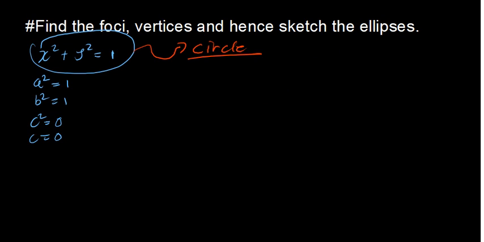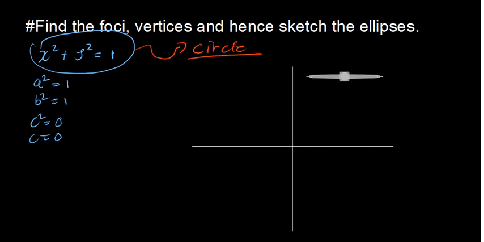So here it is just a matter of us sketching the circle of radius 1. So let me try to draw the xy plane like that. I guess I can try to use a compass for this one, so that at least this would be a bit better.